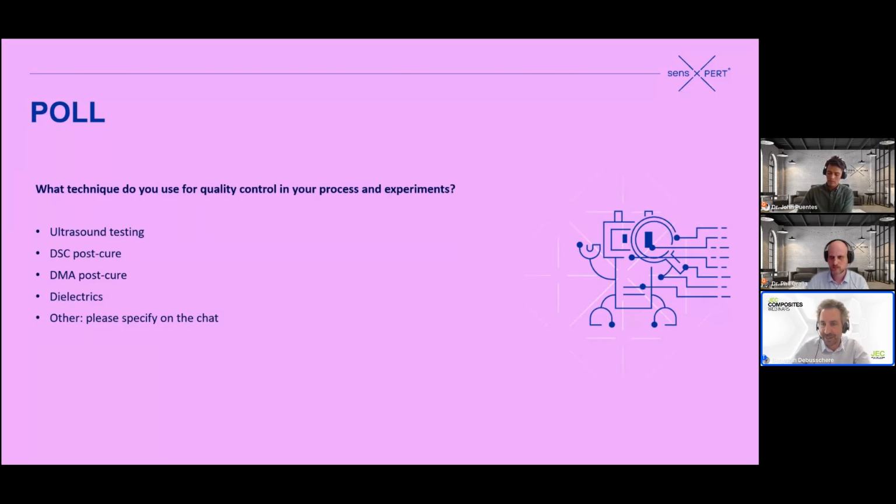Please don't forget to specify your answer in the chat tab. Okay, so ultrasound testing at 40%, then DSC at 25%, then DMA at 19%, dielectrics at 10%. Let's move on to the next slide.